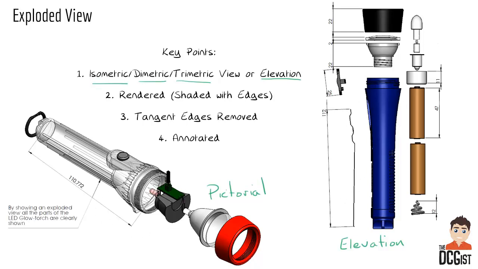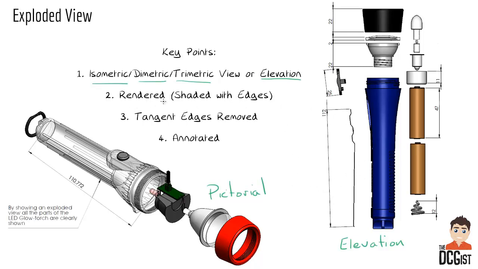And sometimes it can be as much as trying to do an exploded view of this torch over here would have been difficult because of the amount of parts in it. It just wouldn't have looked well in a pictorial view, whereas in this one there's not quite as many parts, so it explodes out quite nicely. Whereas here, this configuration looks a lot neater.